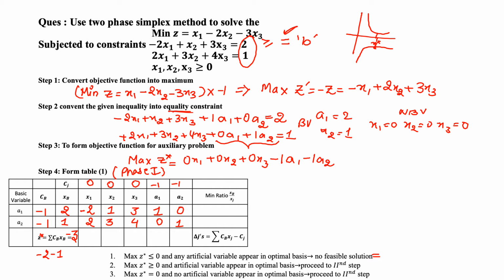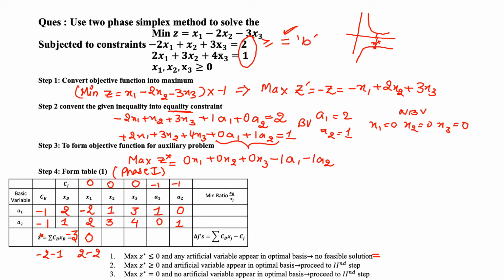First, how will we get the incoming variable? As in the simplex table, we will calculate the delta j values. For the first, -1 into -2 is 2, and -1 into 2 is -2; the sum of them is 0, and cj is 0, so its value is 0.